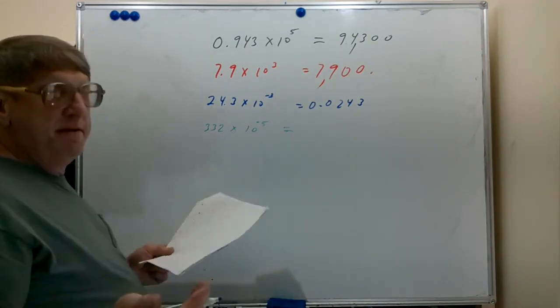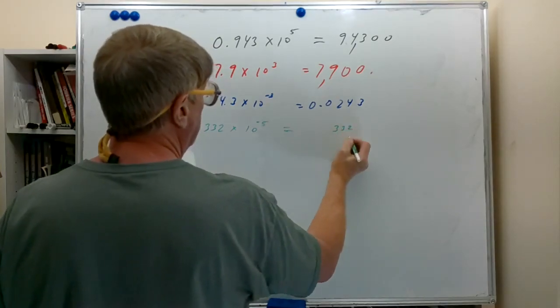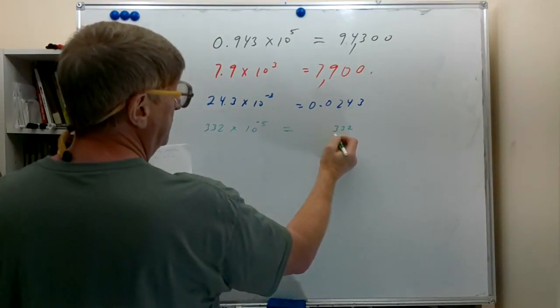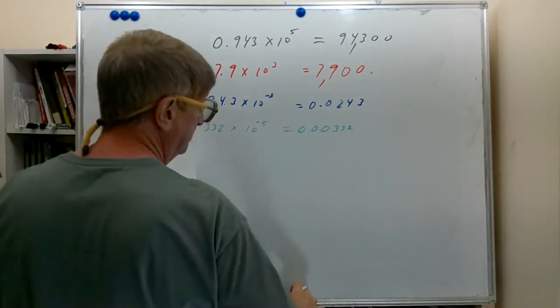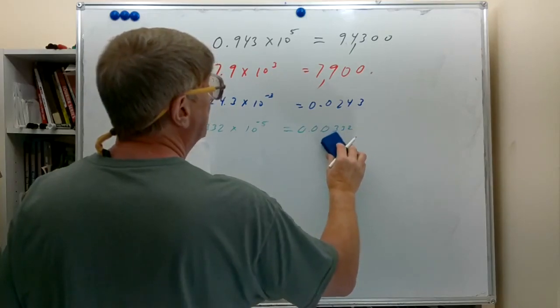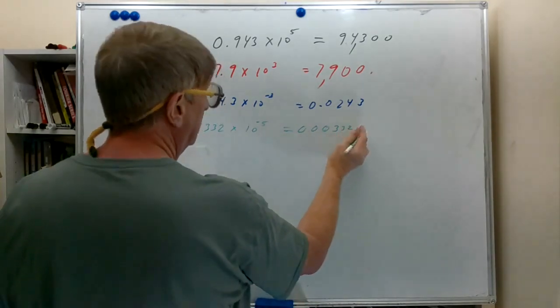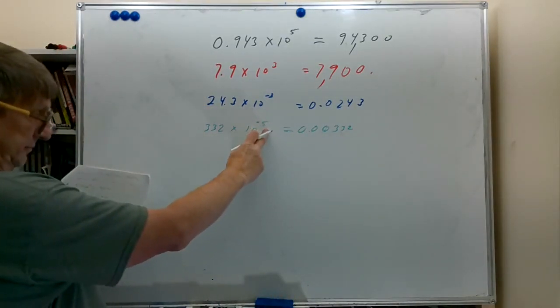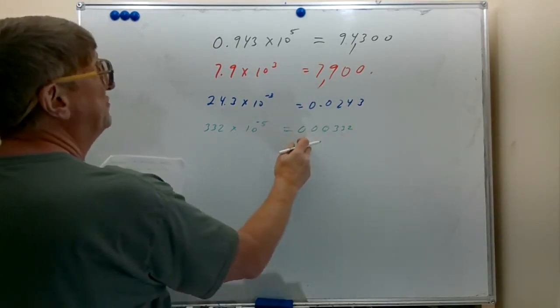We're trying to continue to keep everything in balance. So we got the same number. So I'm going to write the 332 over here. 1, 2, 3, 4, 5. So that's what happens if we move the decimal place. We got rid of the negative 5, we moved our decimal place 5 to the left.